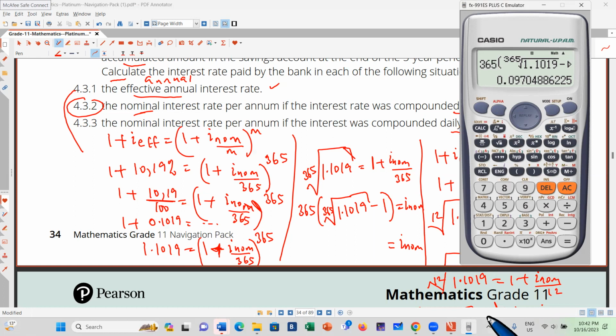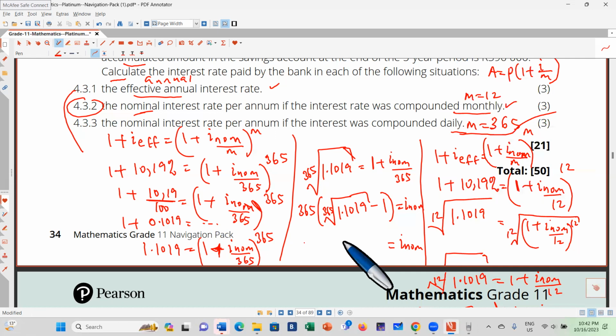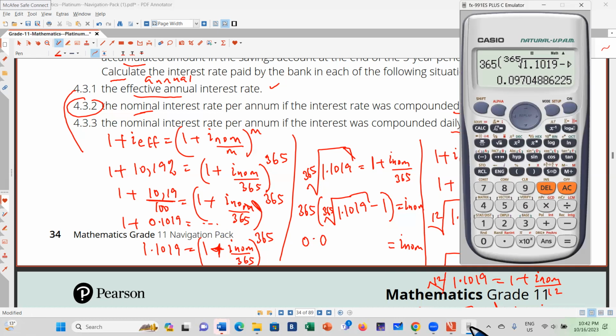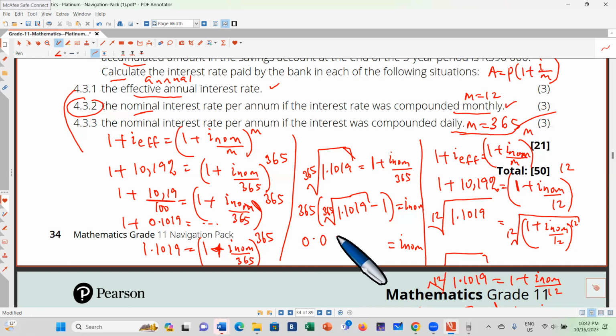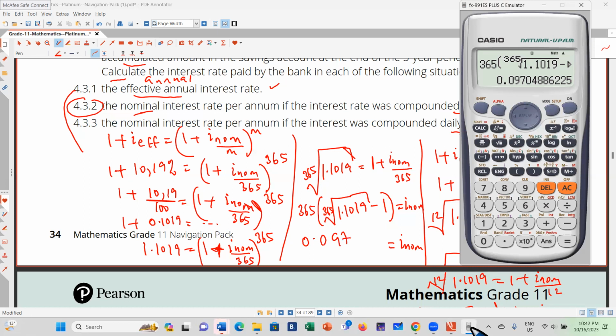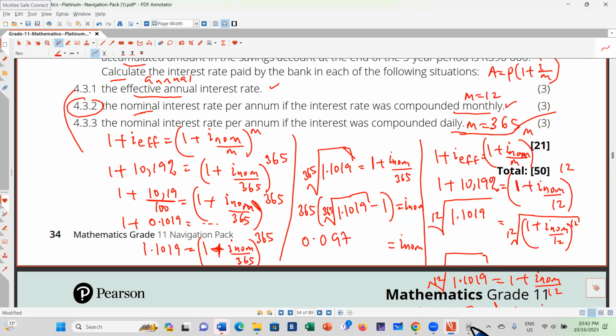So you can see that the answer you're getting is actually that one. It is 0.09705.